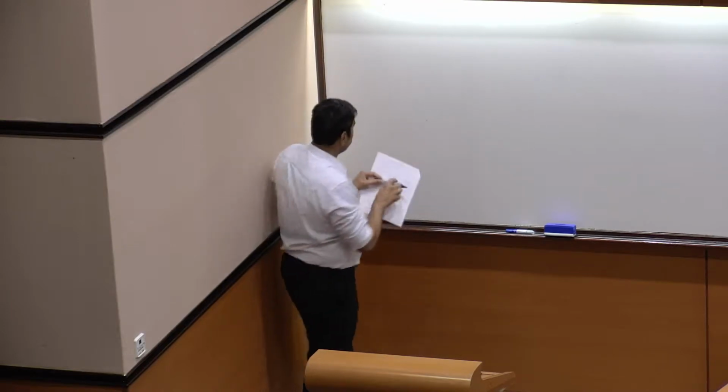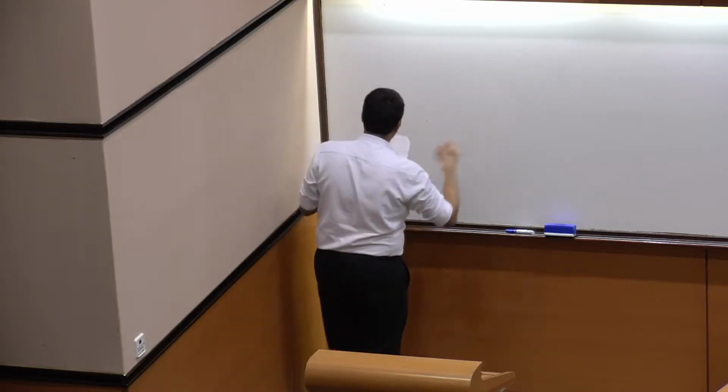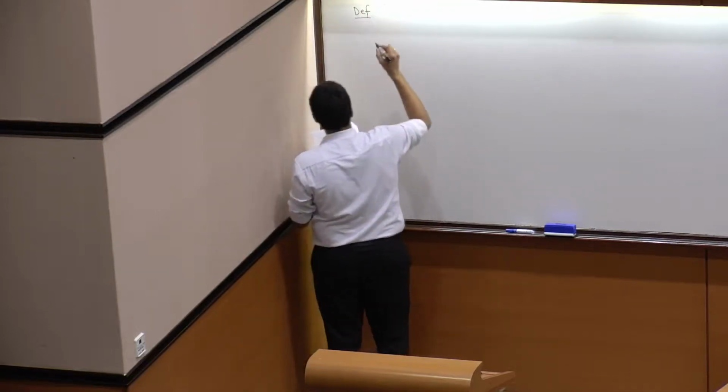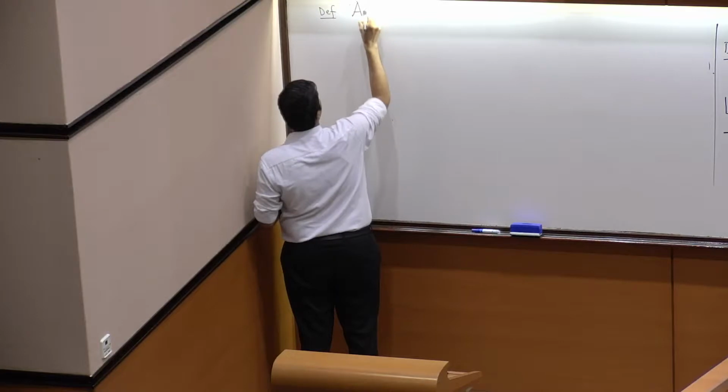Okay, so now our goal is to define J as a sum, define the coarse geometric expansion. So with that in mind, I define the anisotropic rational datum.